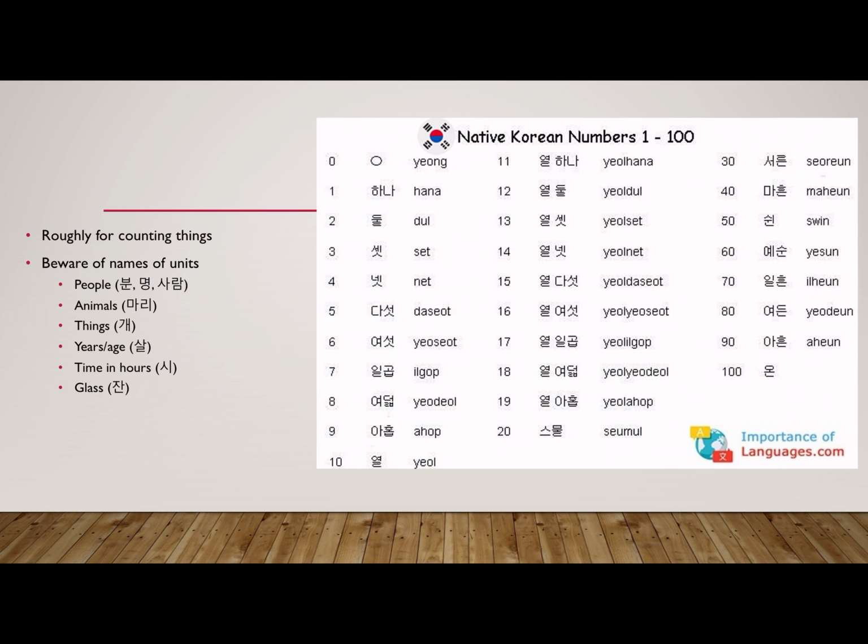For example, if you were 24, you'd say sumulle sal. The unit for years when you're giving your age is sal.